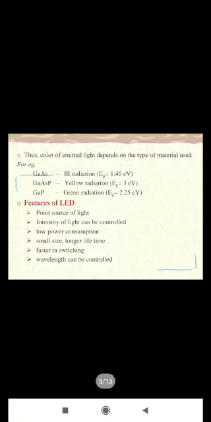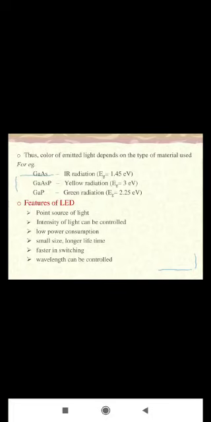Thus, the color of the emitted light depends on the type of material used for fabricating an LED. For example, if you take a gallium arsenide based LED, the emitted radiation will be in the IR region because the bandgap energy of the material is 1.45 electron volt.